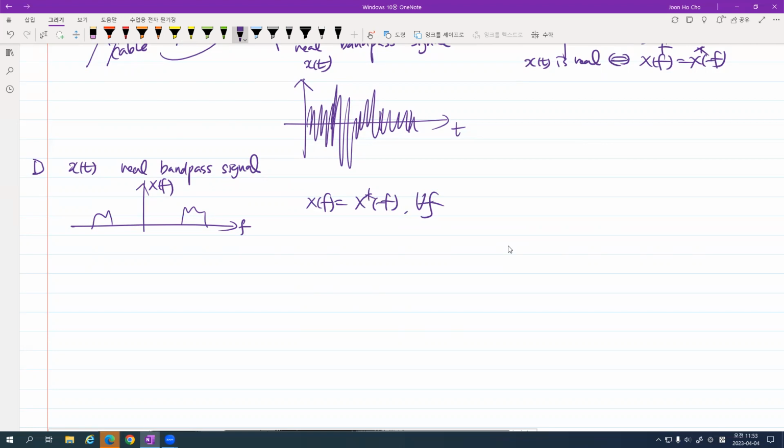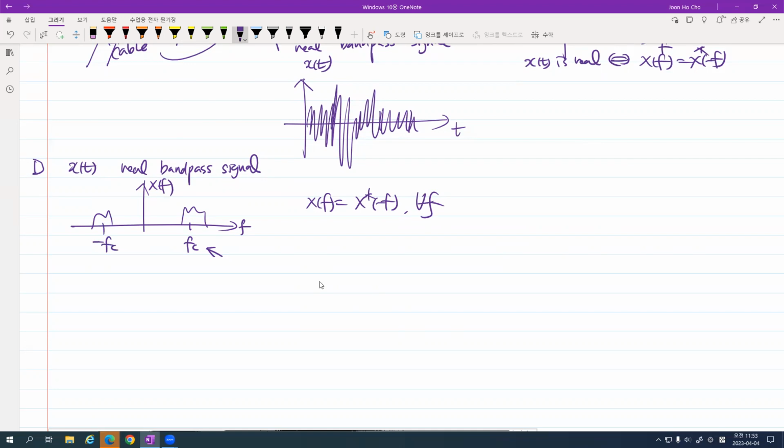What we do is choose some nominal center frequency. We can choose any number close to this signal, not necessarily the center. Mathematically we can choose any number, but usually we try to find some number that can be called the center frequency. So we have two numbers, fc and negative fc.